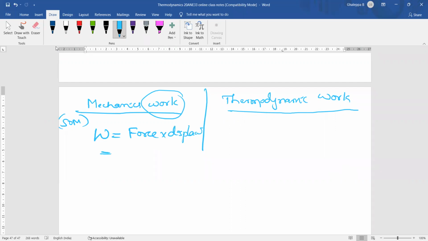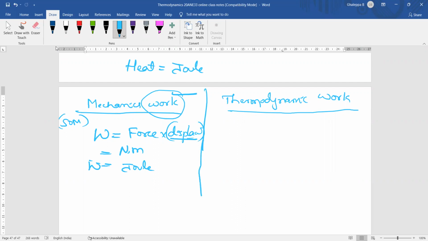Force is in newton, displacement is nothing but change in length, in meter. So newton meter is joule. So the unit of work is joule. Keep in mind again, the unit of heat is also joule.